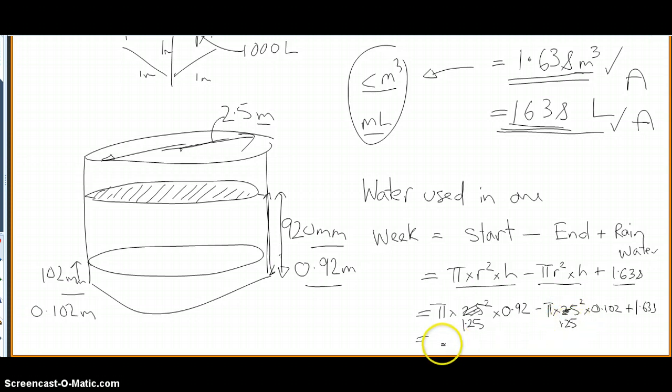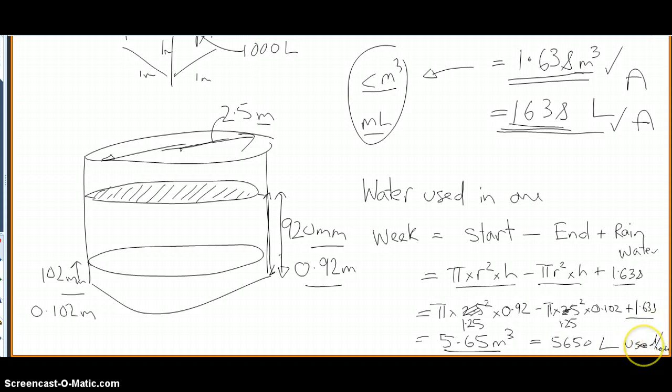If you type in that correctly, plus the 1.638, you should get 5.65 meters cubed. And convert: 1 meter cubed is 1,000 liters. 5650 liters used per week.